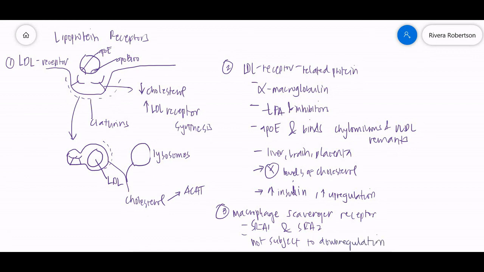And ang nare-recognize nila ay yung oxidized na LDL. So, the oxidation of your low-density lipoprotein may be due to your hydrogen peroxide, your radicals, and your nitric oxide. Now, yung vitamins na C, E, at saka yung carotenoids may have some protective effect. So, pinipigilan nila yung pag-oxidize ng LDL.